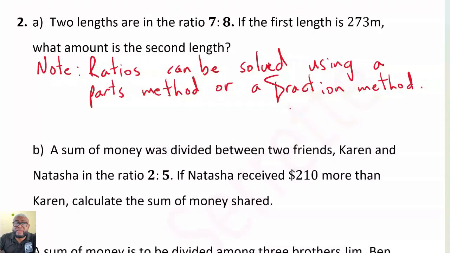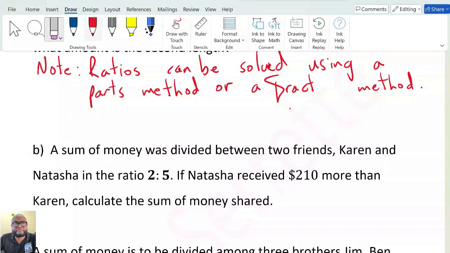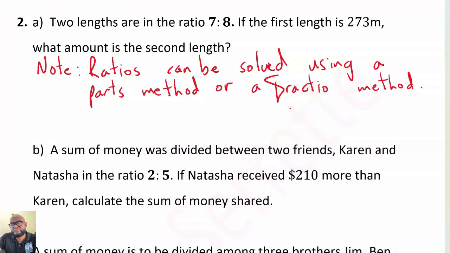I'm going to do these ratios as parts. Everybody with me?